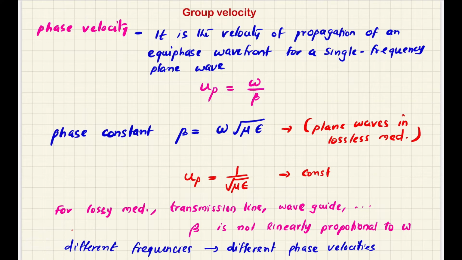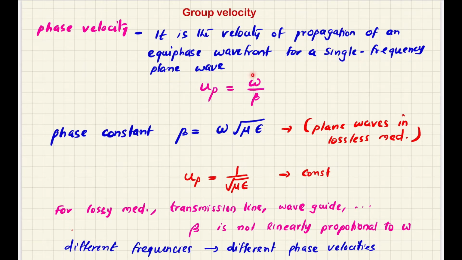Now, next we look at wave propagation in a lossy medium. An important parameter to discuss here is the group velocity. We know how to define the phase velocity of the wave when you talk about the propagation of a single frequency plane wave.